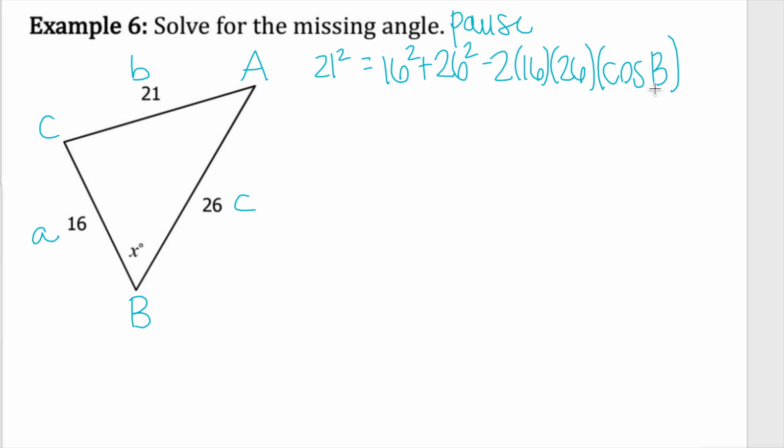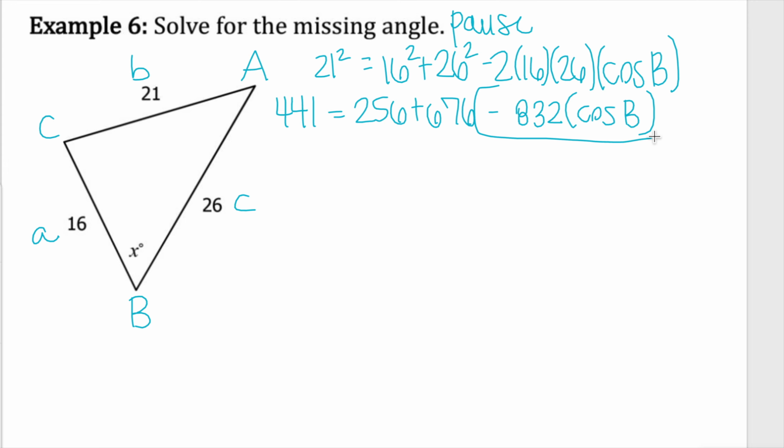Some of you might have even been doing cosine of x, and that's still okay. 21 squared is 441. 16 squared is 256. 26 squared is 676. And then 2 times 16 times 26 is 832. So minus 832 cosine of B. If it helps, you can put all this in a box together and leave it alone for a while. 256 plus 676 is 932.